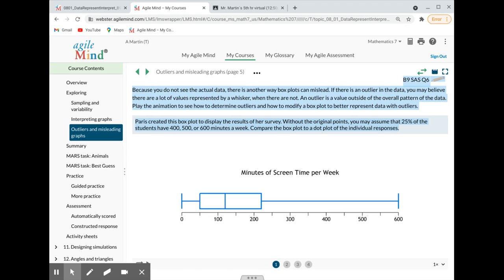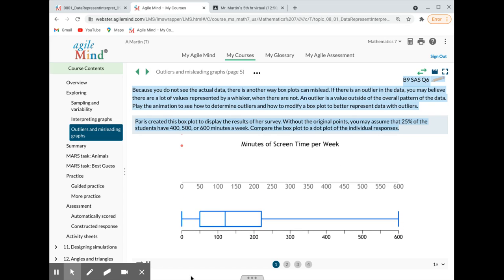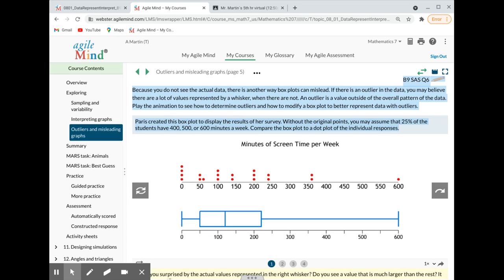All right. So looking at this, what we're going to do is try to figure out the difference between the box plot and the dot plot. So looking at this, what do you notice right away, Brooklyn? I think Brooklyn might be having some internet trouble.